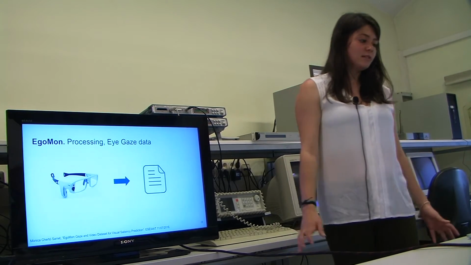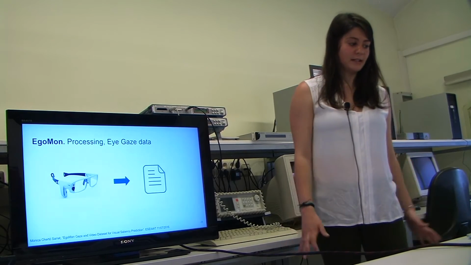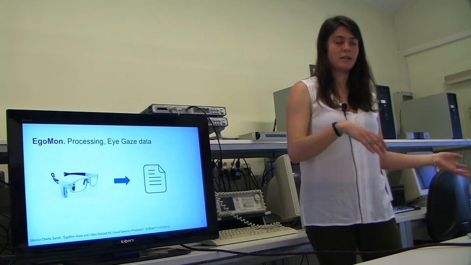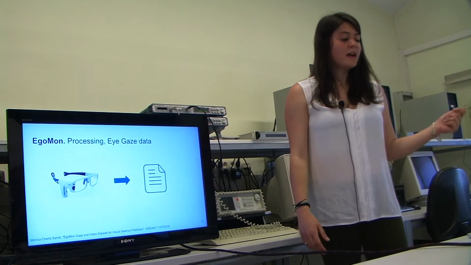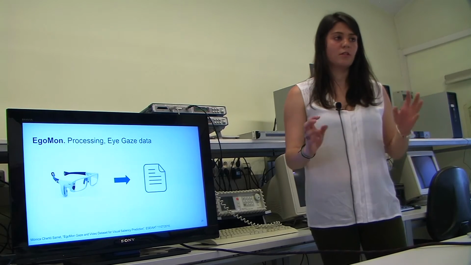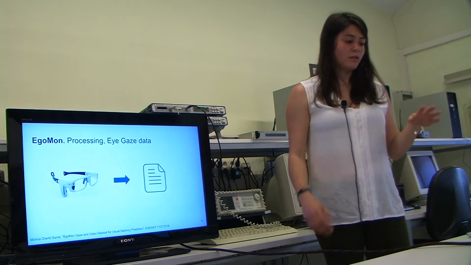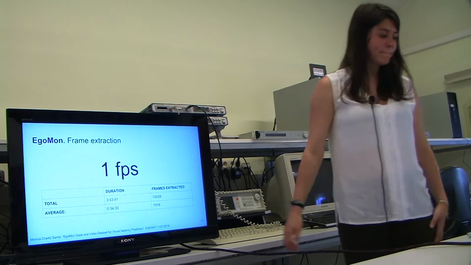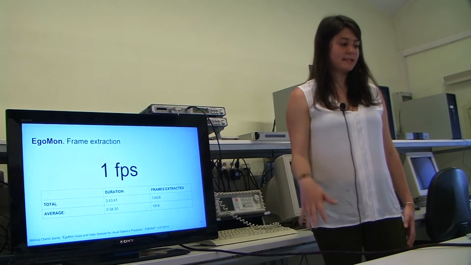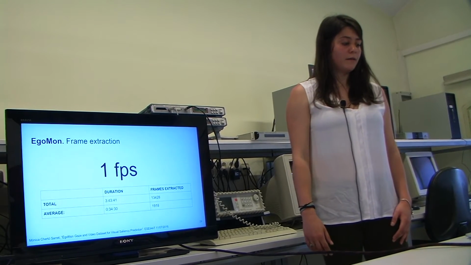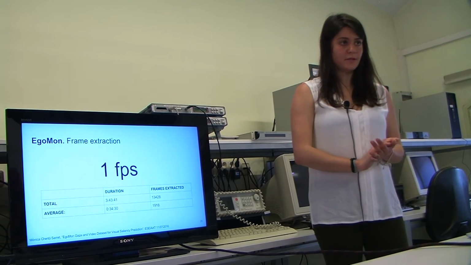Okay, the processing and extraction of the data of this dataset was carried out with the Tobii software tool, and it consists of 7 gaze data files. For the frame extraction, we extracted frames from these videos.